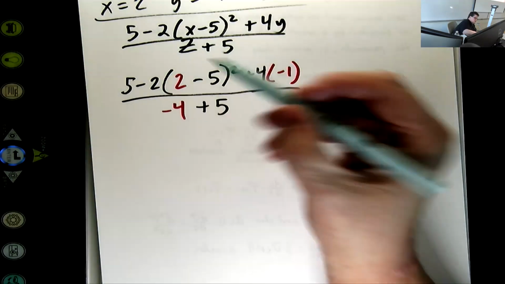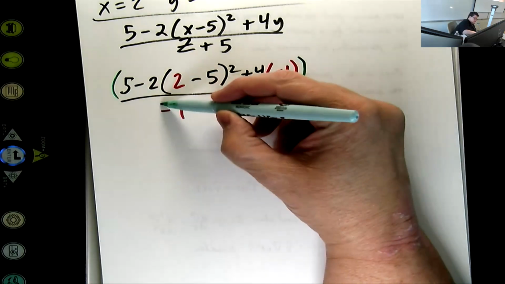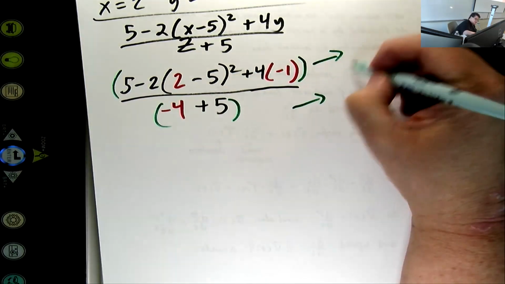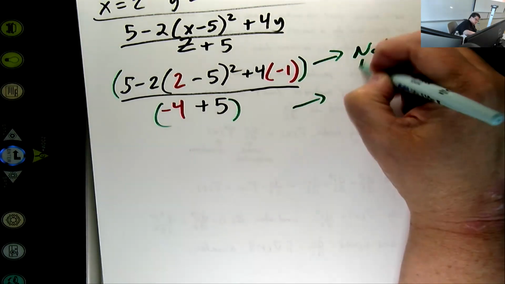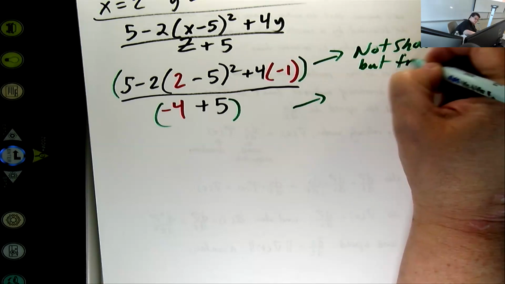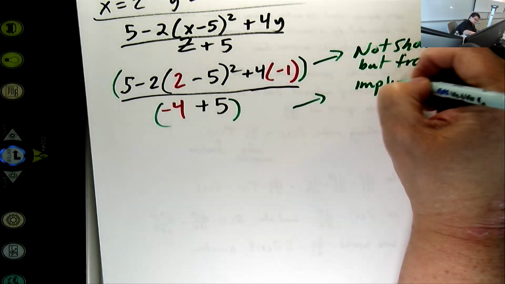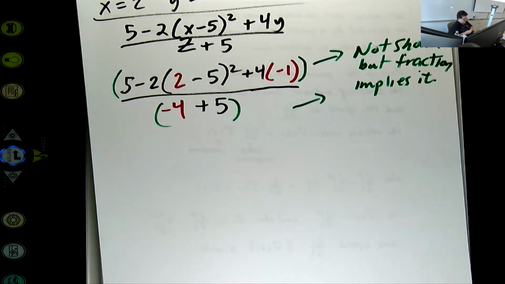Remember when we have a fraction bar, there are unspoken parentheses here. They weren't shown, but the fraction bar really implies it. We have to do what's on top separately from what's on the bottom.